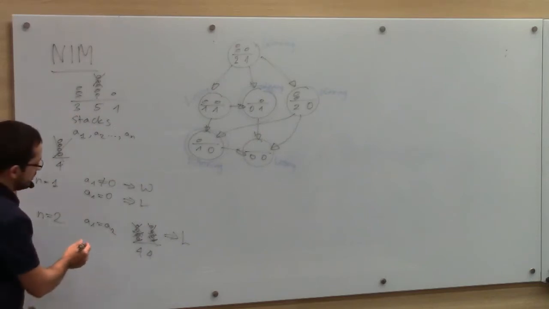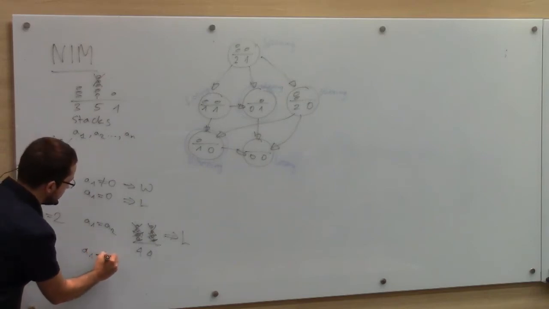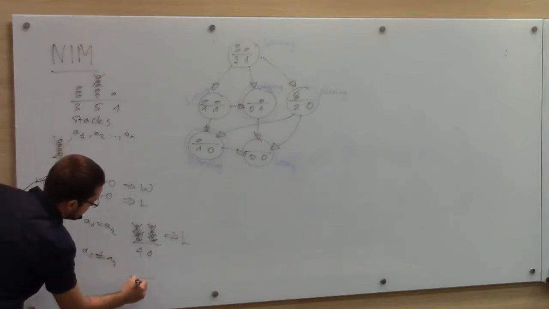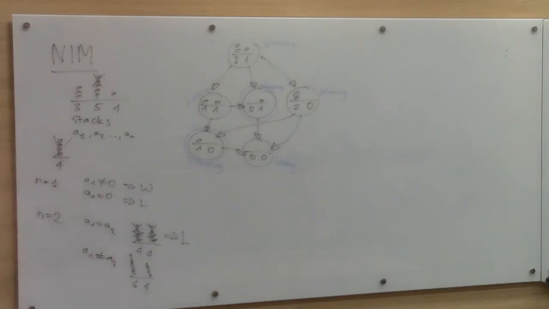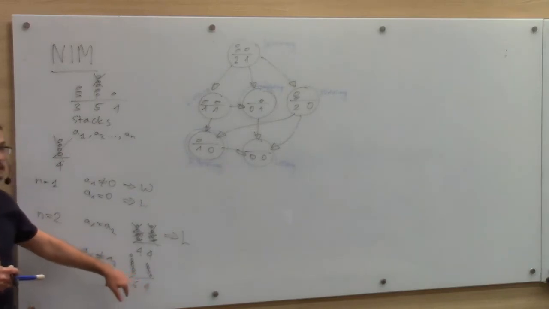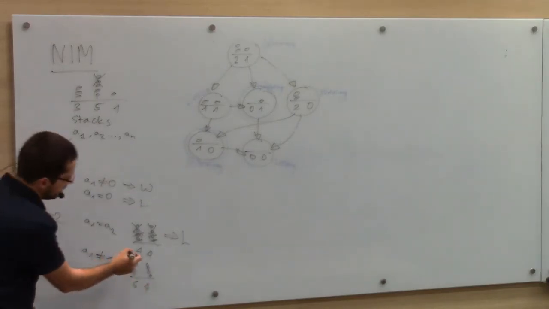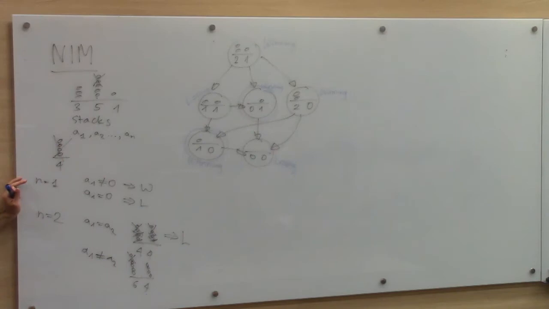Okay, so these two are the same, and when they are different, for instance we have maybe 6 and 4, what will happen here? The first player can move to the position in which both of the stacks are the same height. He can take 2 items from the biggest stack, and then both stacks are the same size.